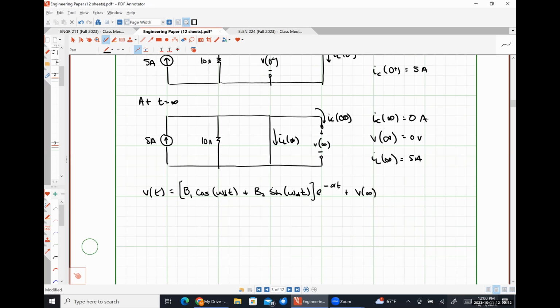Does this look right? It's been 6 months since I taught this.